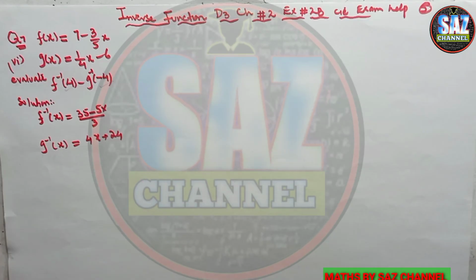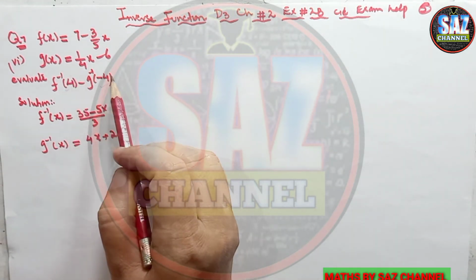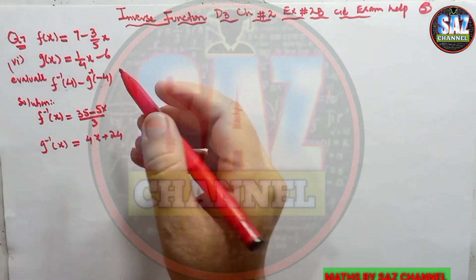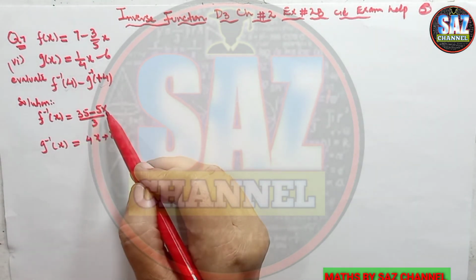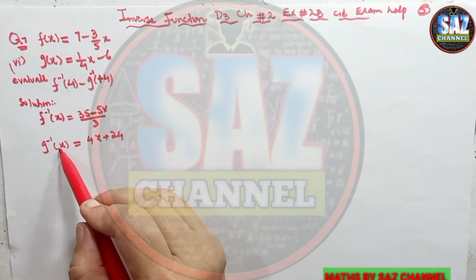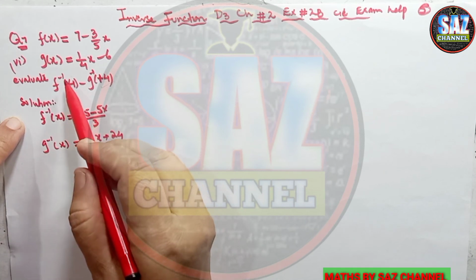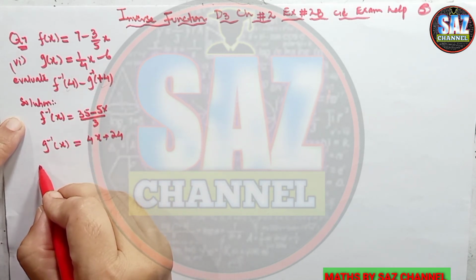Let's move to the sixth part of the question that says evaluate f inverse of 4 minus g inverse of 4. Now as we know that f inverse of x is 35 minus 5x by 3, and g inverse of x is 4x plus 24. So first of all we have to evaluate f inverse of x at 4.